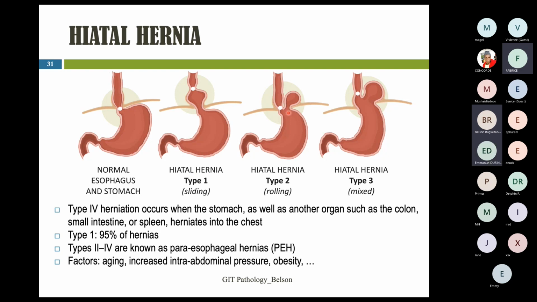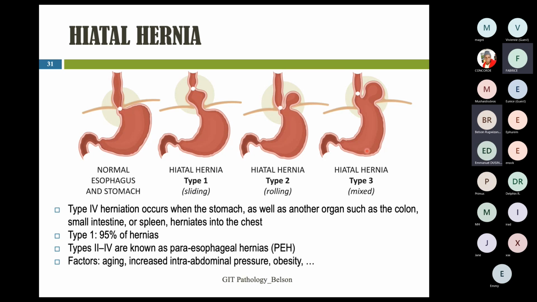Murabona ko igifu cyazamutse nk'indi pocket, just besides the esophagus. So here they are both combined. Mixed sliding and rolling. And there is a type 4, which is not shown here. Herniation occurs when the stomach as well as another organ is involved. So, on these 3 types.